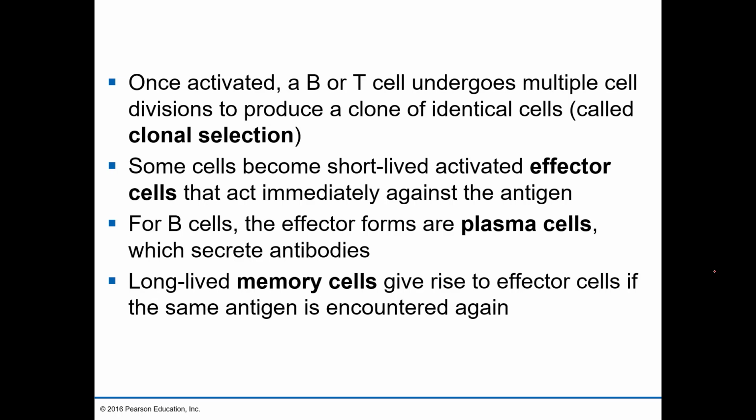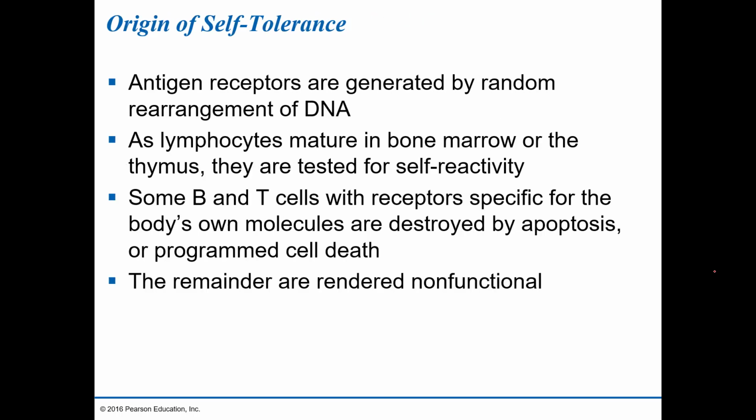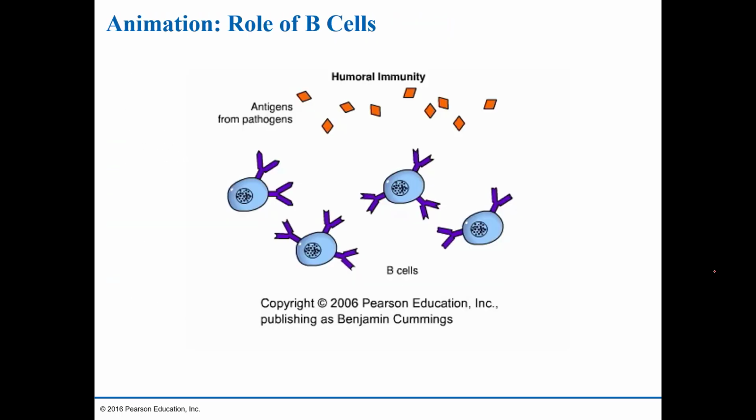Effector cells are essentially just short-lived cells. They're activated for a short period of time, and they act real fast immediately against that antigen. So memory cells will make more of those quick effector cells if the same antigen is encountered again, and that is how we get that immunological memory.